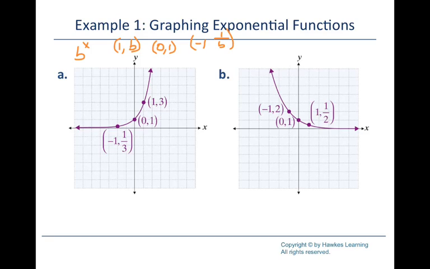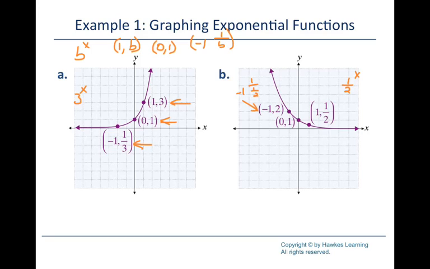In this case, our base was 3, so I had 3 to the x for this graph. And you can see I have 1, 3 as a point here. I have 0, 1. And I have -1 and 1 over the base, which is 1/3. Here, my base was 1/2. And so I have -1 and 1 over 1/2, which is 2.